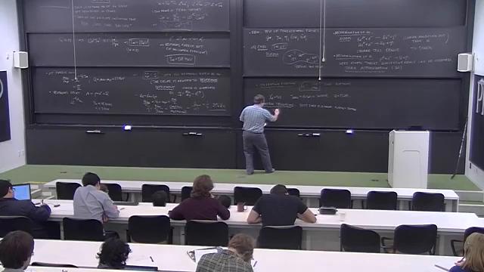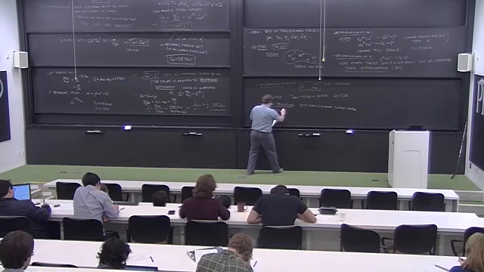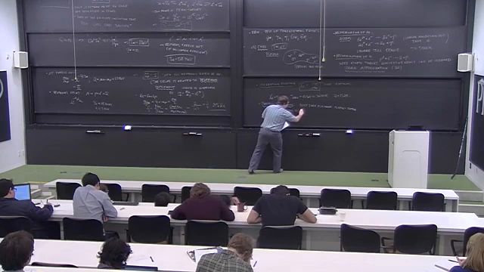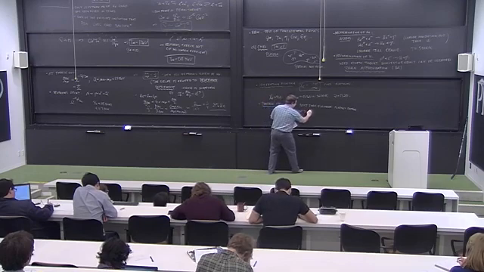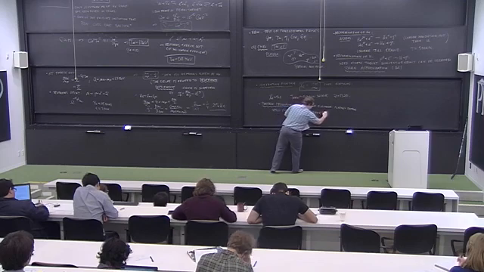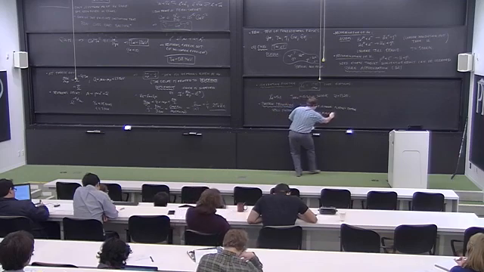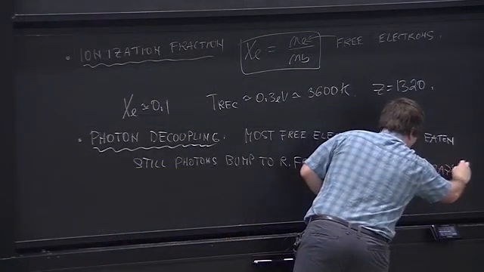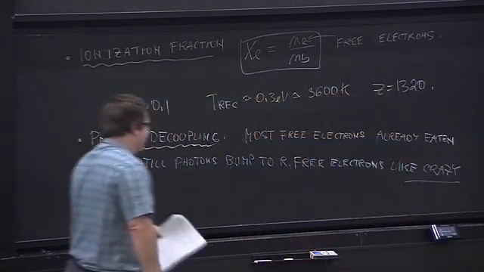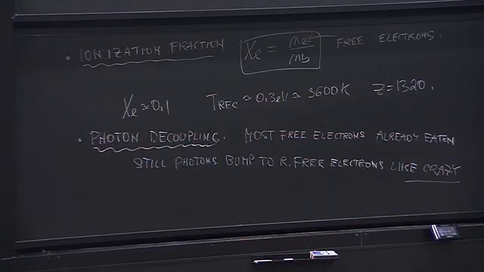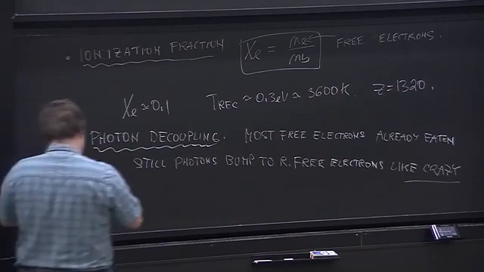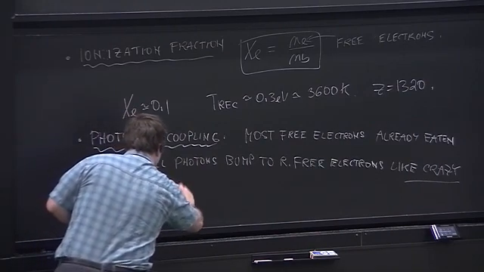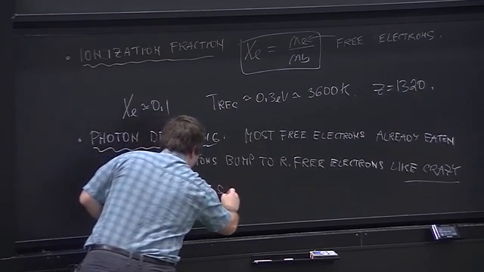So still, photons bump into remaining free electrons like crazy. That's very important. And the process is called Thomson scattering.